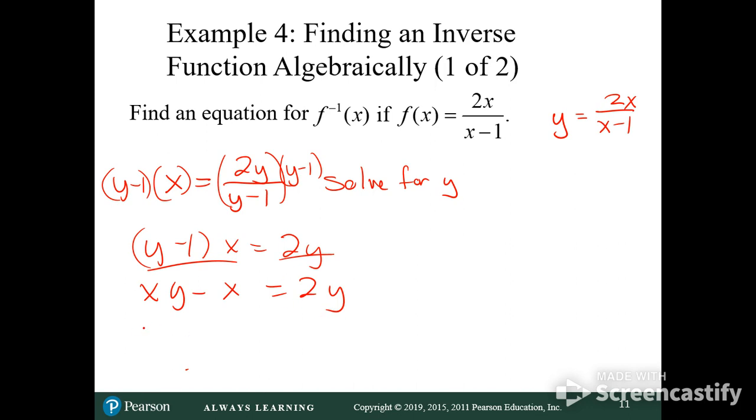So I'm going to subtract 2y from each side. Add x to each side. Factor out a y.